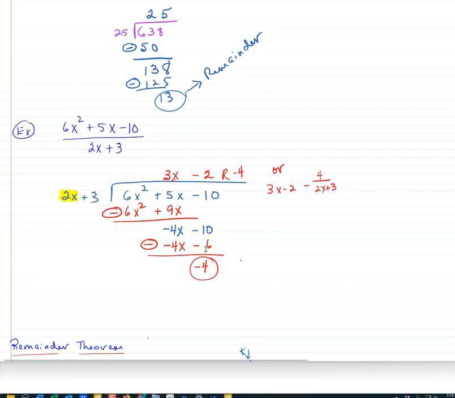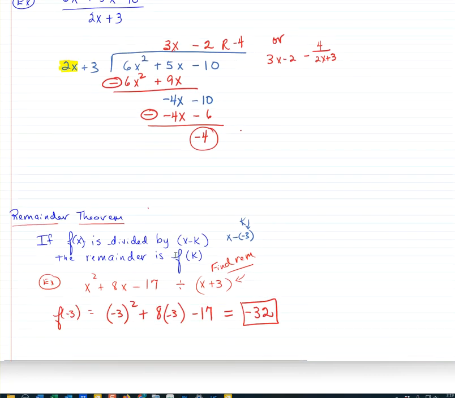That becomes a plus. So negative 10 plus 6 is a minus 4. Minus 4 is the remainder. So if it's two separate boxes, here's your quotient, here's your remainder. Or if you have to write it in one long thing, you've got 3x minus 2 minus whatever your remainder is over the divisor, over 2x plus 3.